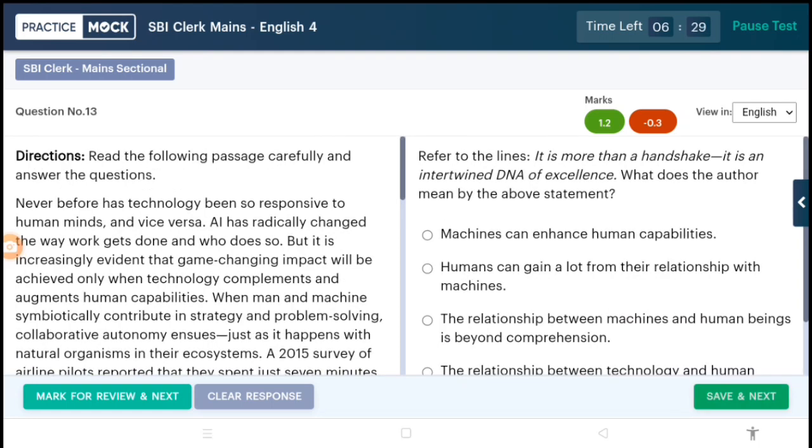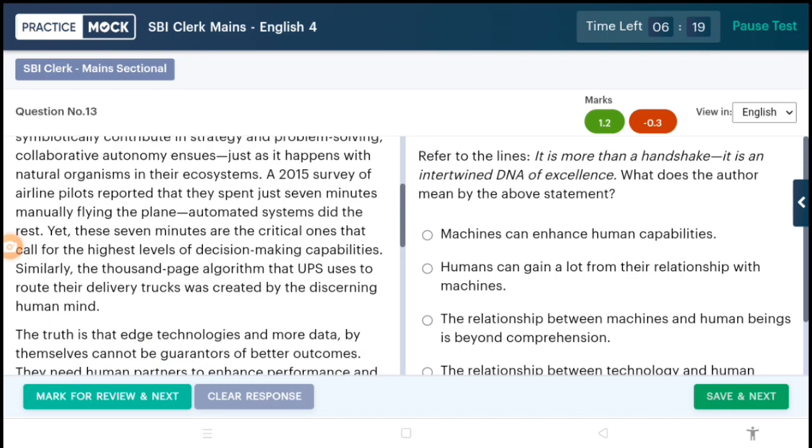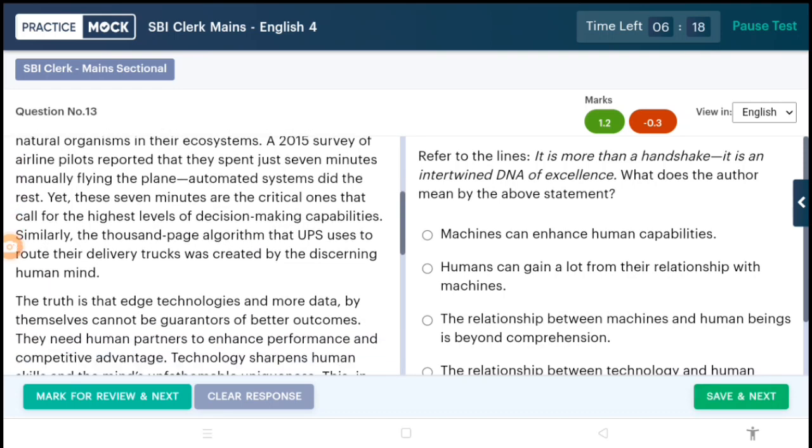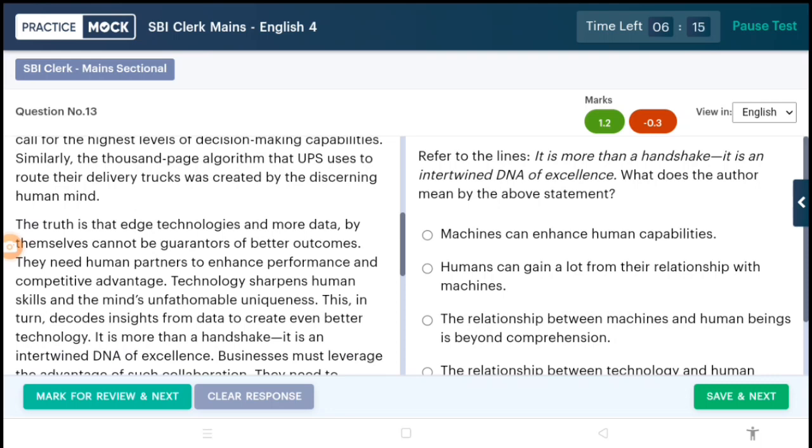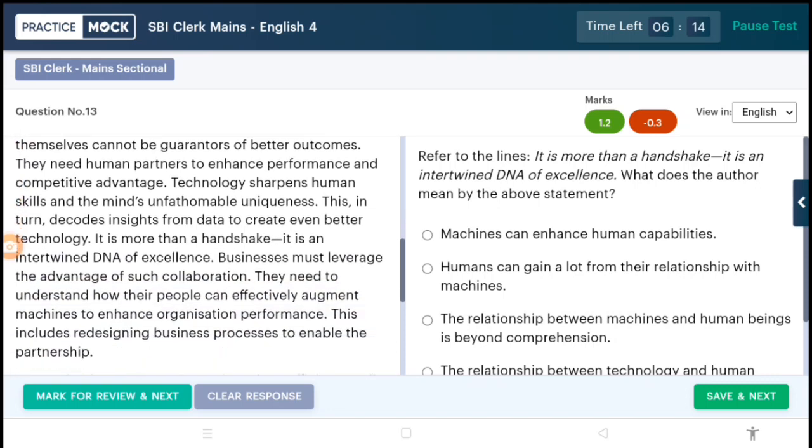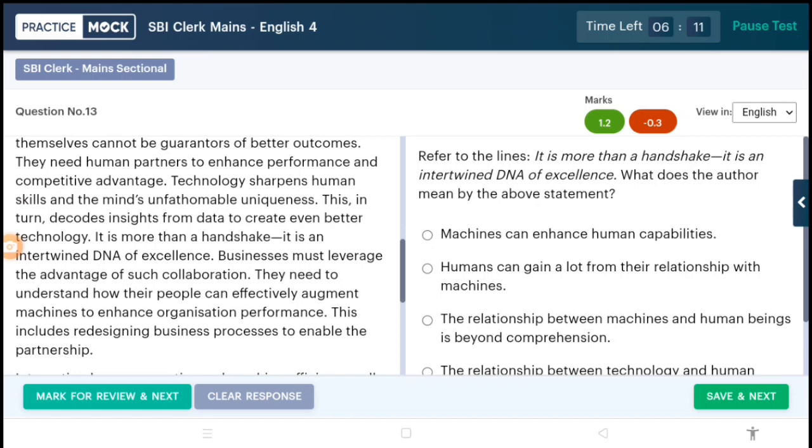Next, refer to the lines. It is more than a handshake, it is an interval really of excellence. Technology sharpens human skills and mind and unfathomable uniqueness.